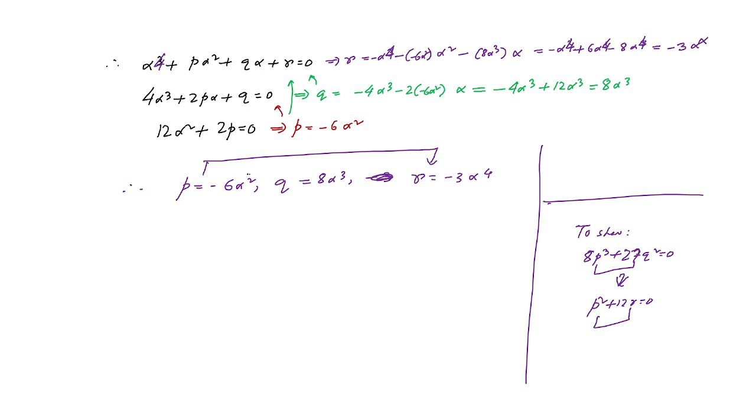Here we have alpha square and here alpha to the power 4, and alpha square is not equal to alpha to the power 4, so take the square on that side.